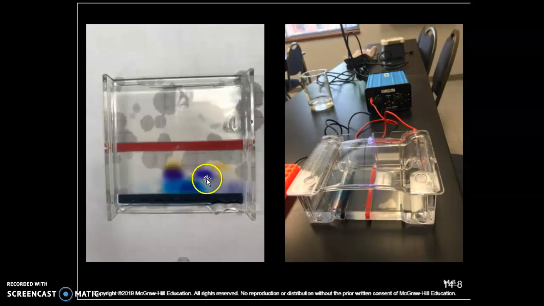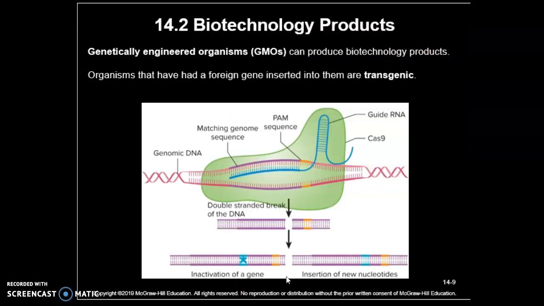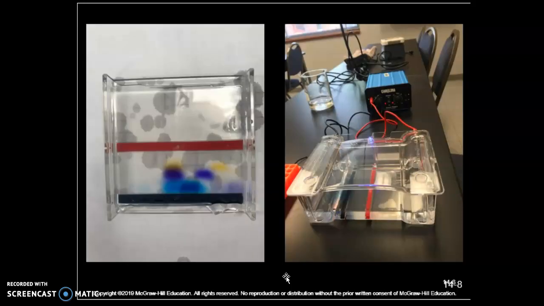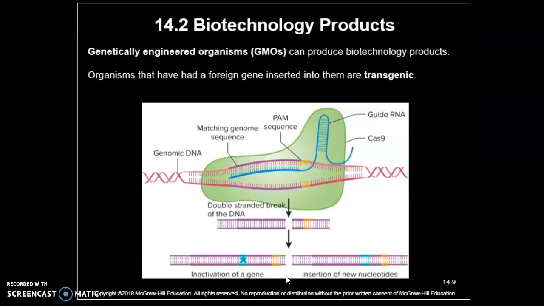And this is showing which ones match. So you can see these 2 match right here. And these 2 match right here. And then these 2 match right here. And they're all different sizes. They've traveled different lengths throughout this gel electrophoresis. So it's a good way to separate pieces of DNA and compare them as well.